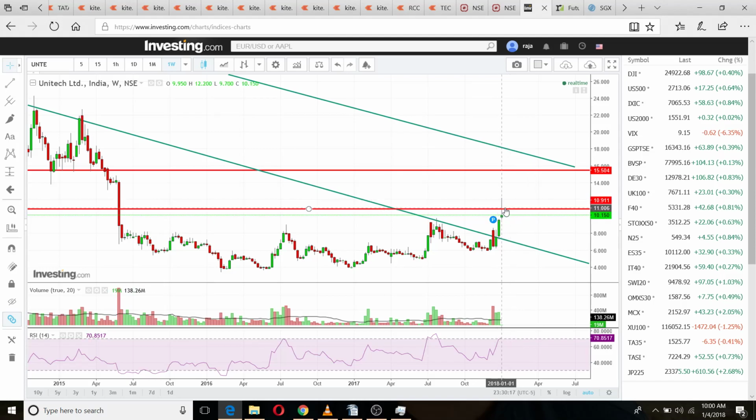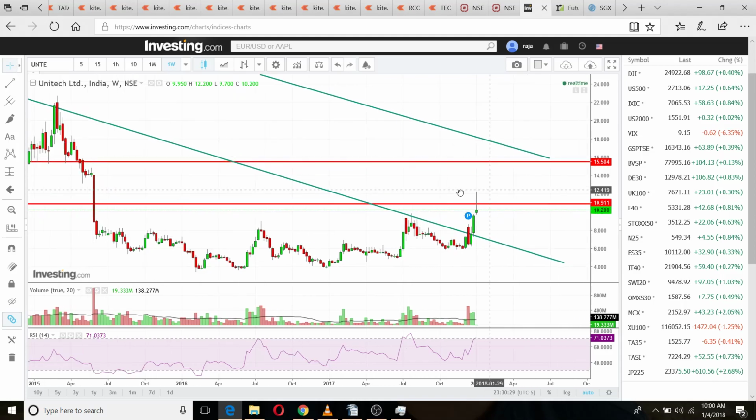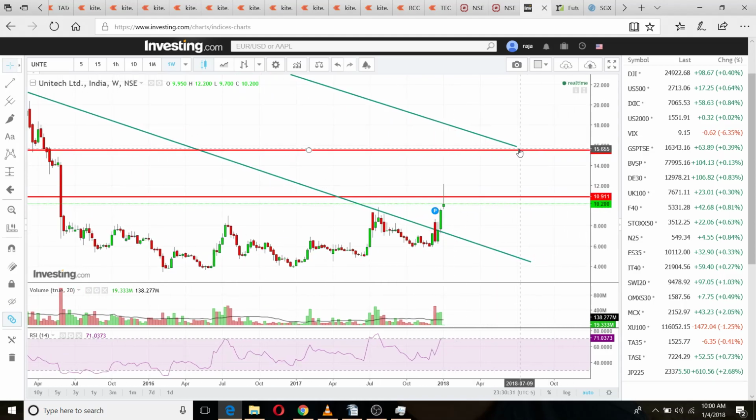So possibly if a breakout happens from this level, then it will go up, face resistance at 15, and then it will oscillate between 10 and 15. This oscillation will happen, and once a breakout happens above 15, then there will be a different story which I will tell later.